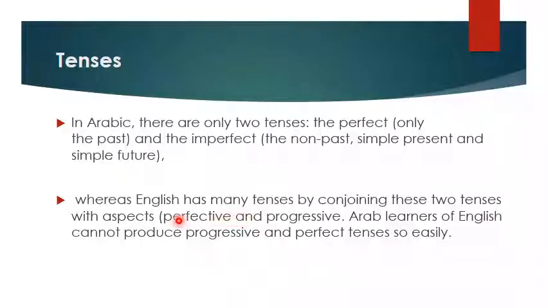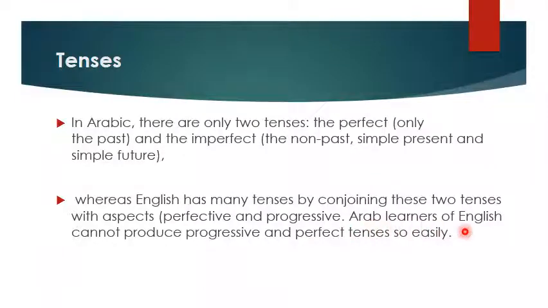So this is the element of aspect, which is reflected in the tenses, like the present perfect, the past perfect, the present continuous, the past continuous, and so on. So we have a number of tenses in English that exceeds the present and the past, of course.